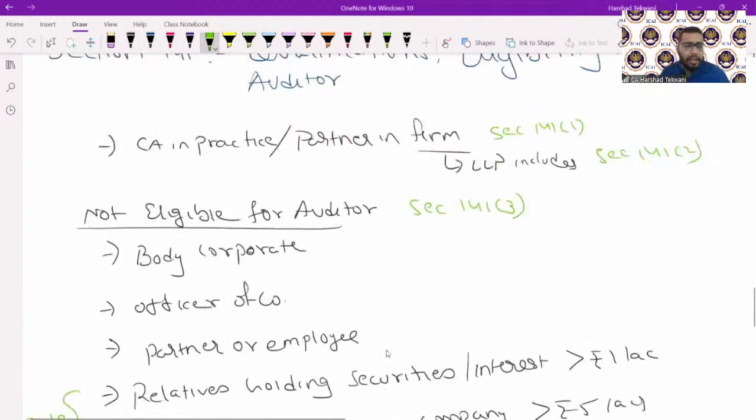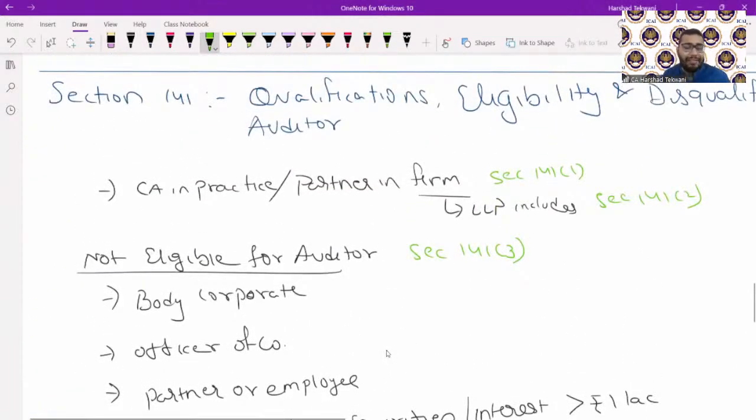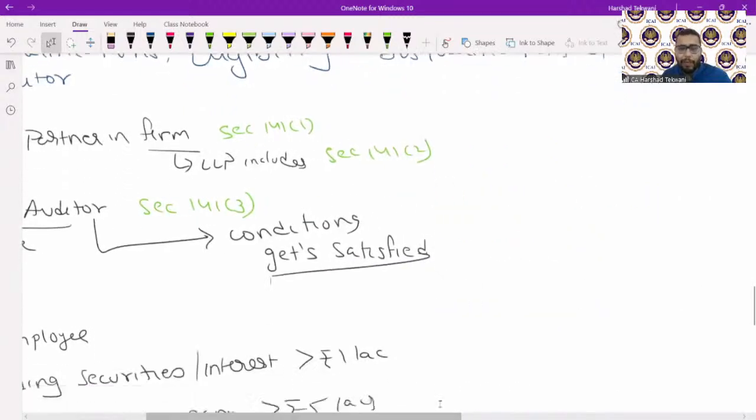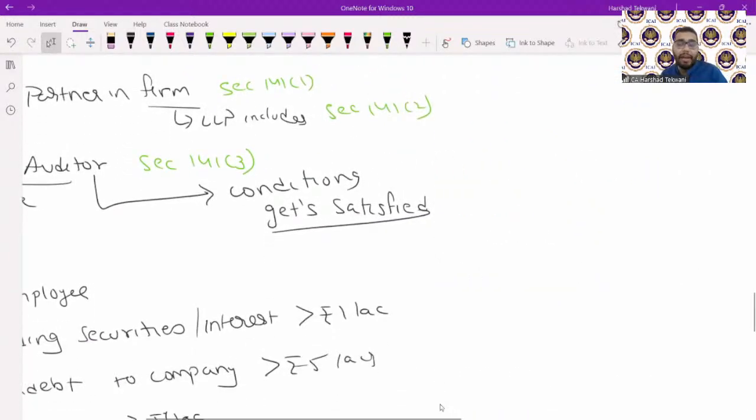Now, if any of these conditions gets satisfied, then what will happen? The person will not be eligible for the appointment as an auditor. And if the auditor becomes disqualified subsequently, then it will be treated as a casual vacancy.